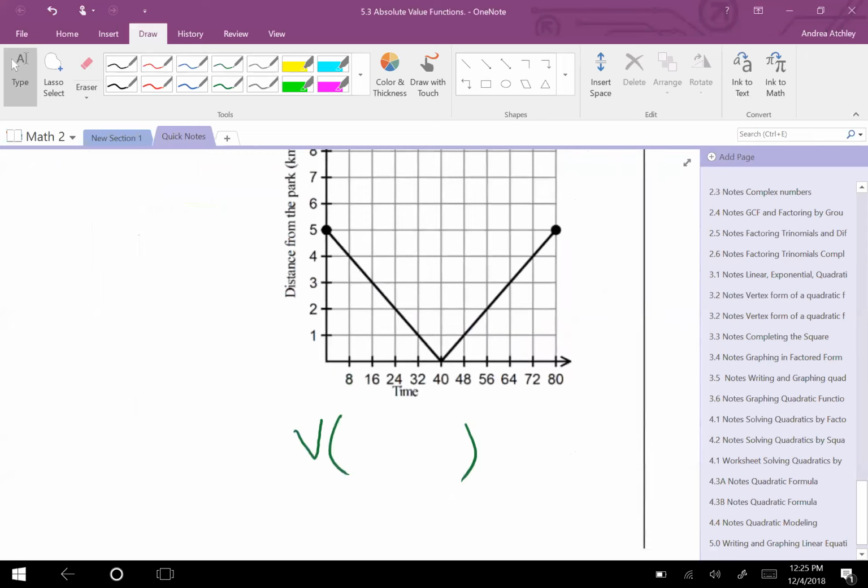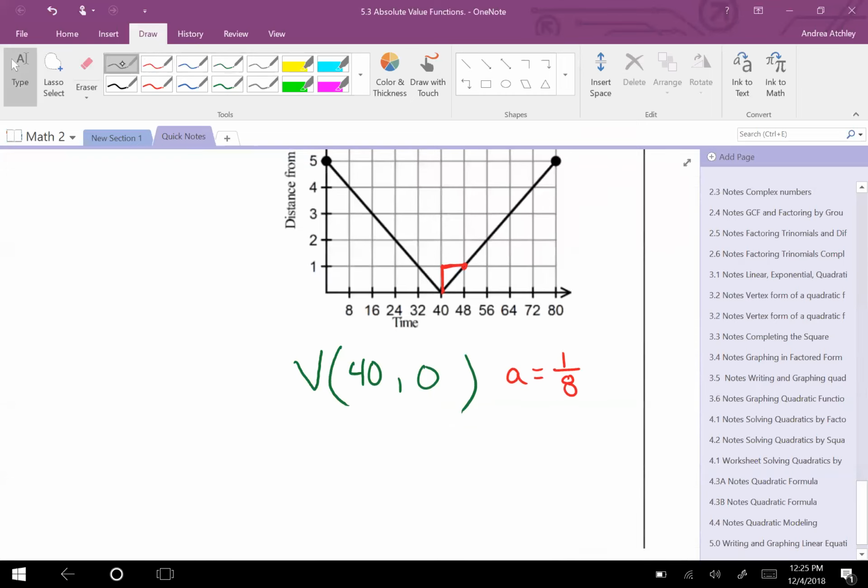Daniel, what's the vertex? 40, 0. Okay, the a value is tricky. I went up 1, but how far over did I go? 8, because I'm counting by 8s on the bottom. So 1/8. So we plug that in.